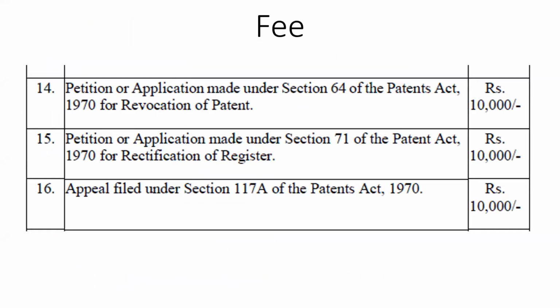And the fees that are important: for Section 64, Section 71, and Section 117A, the fee is 10,000 rupees. For 64 and 71, the form is Form 8. For Section 117A, Form 9 has to be used, and the fee is 10,000.